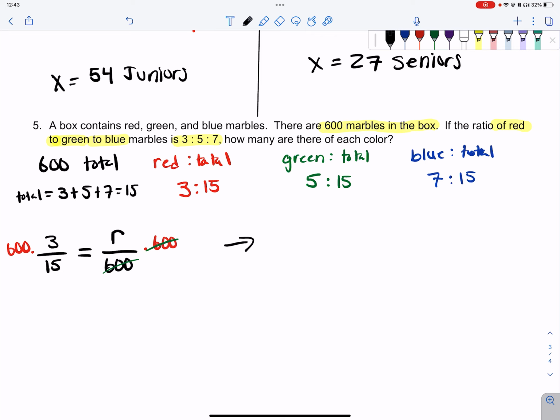So now we have that 600 times 3 over 15 is equal to R. So that tells us that R is equal to 120, and this is our number of red marbles. So now I'm going to let you try to work through to figure out how many green and how many blue marbles there are in this box.